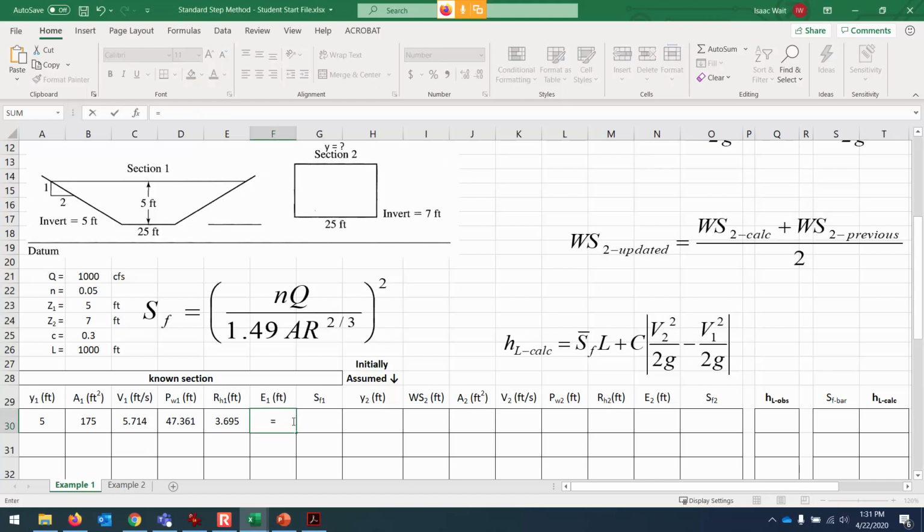So let's just leave it as the depth of flow and the velocity head. Let's make it a specific energy that's above the channel bottom. Okay, so it's the depth of flow plus V squared divided by 2g. And remember, as a caution, we're working in traditional units here, and so g is 32.2.